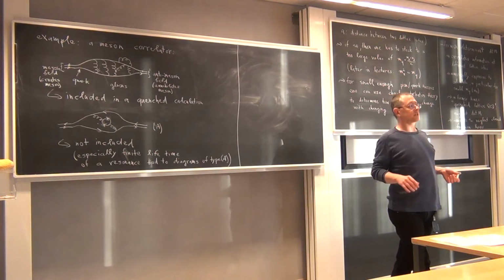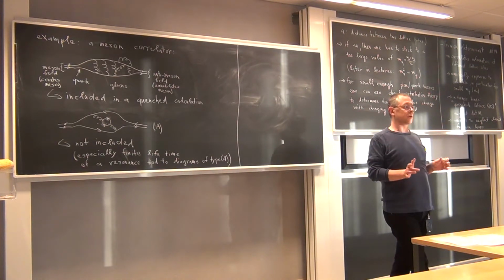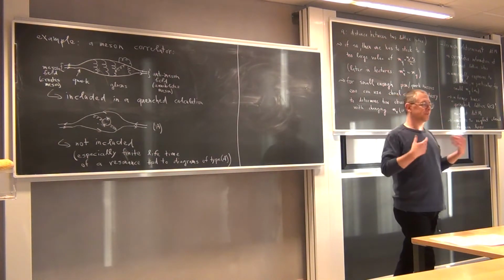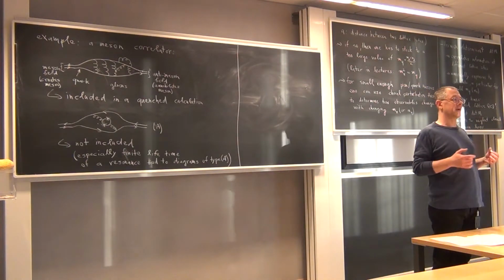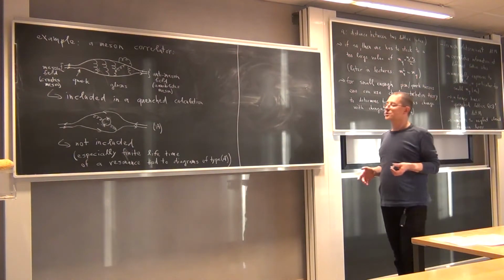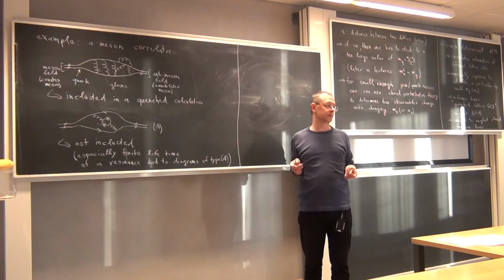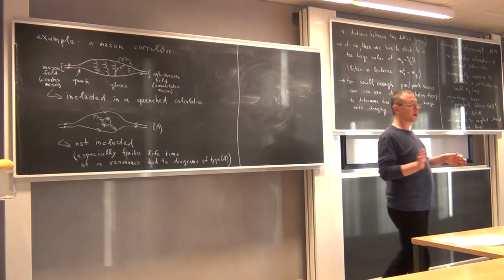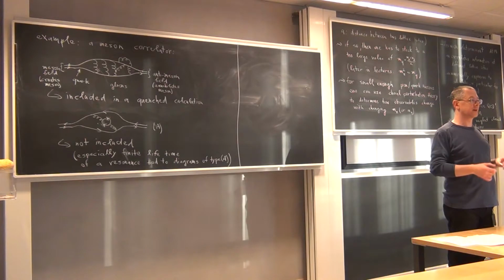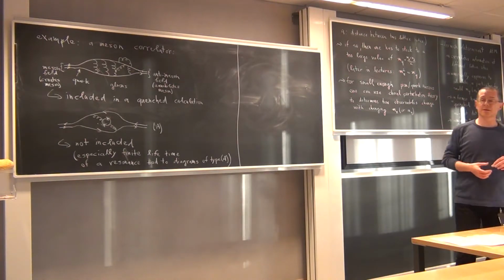These glueball calculations are not at a level yet that one thinks that one has completely overcome all complications which come from including this determinant. So an unquenched glueball calculation with reasonable results, that's still something we're waiting for.